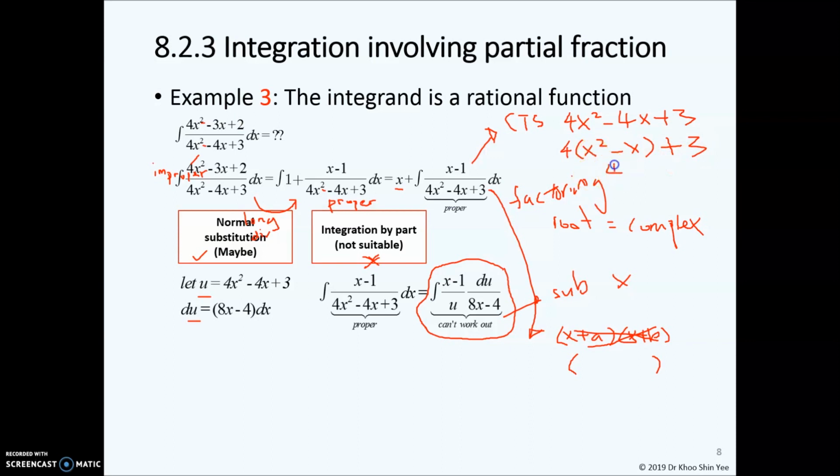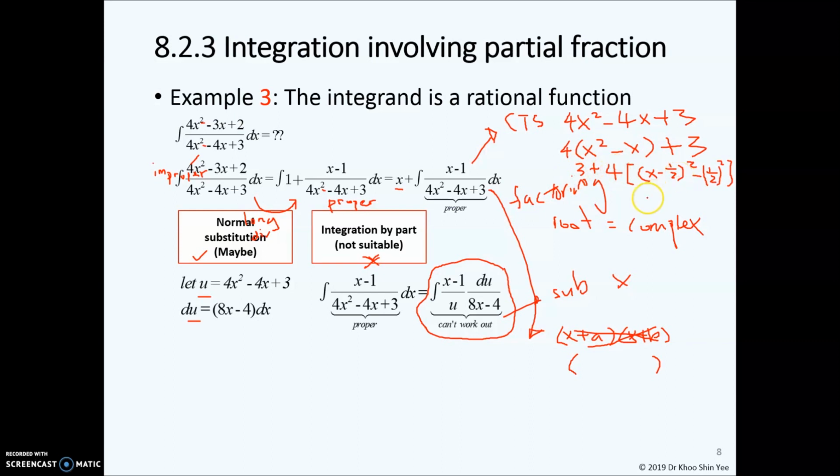Then apply the formula. You want to get something in square here. So this one minus 1, you have to divide it by 2. And then you have to minus this term inside. 1 over 2, power of 2. Then plus 3 remains. So I put it in front here, plus 3.